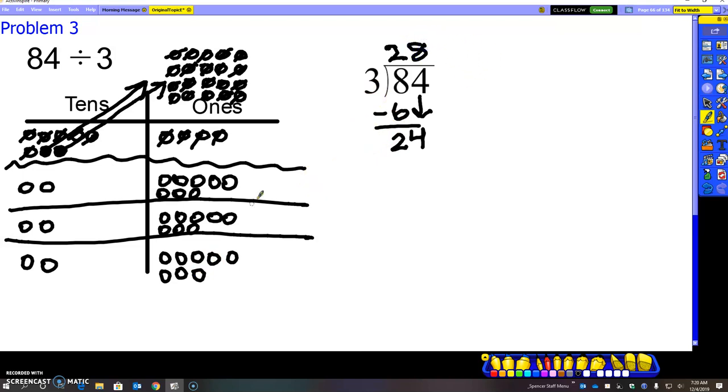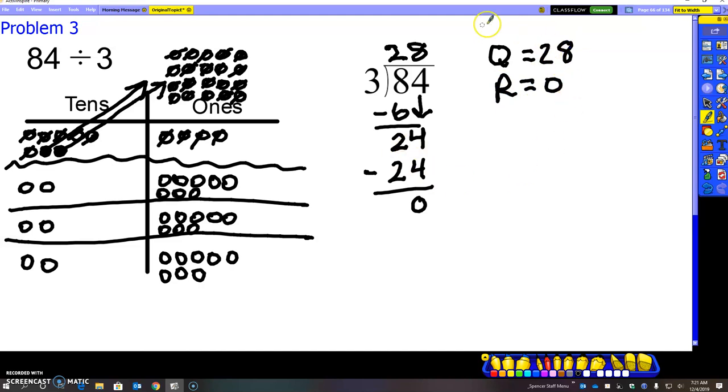I should have ended up with 8 there. So 3 times 8 gets me 24. All 24 were used up, so that's that step in the algorithm here. And I'm left with a remainder of 0. So my final answer here, make sure you write out, your quotient was 28 and your remainder was 0. Please get in the habit of showing me your final answer off to the side nice and neat.